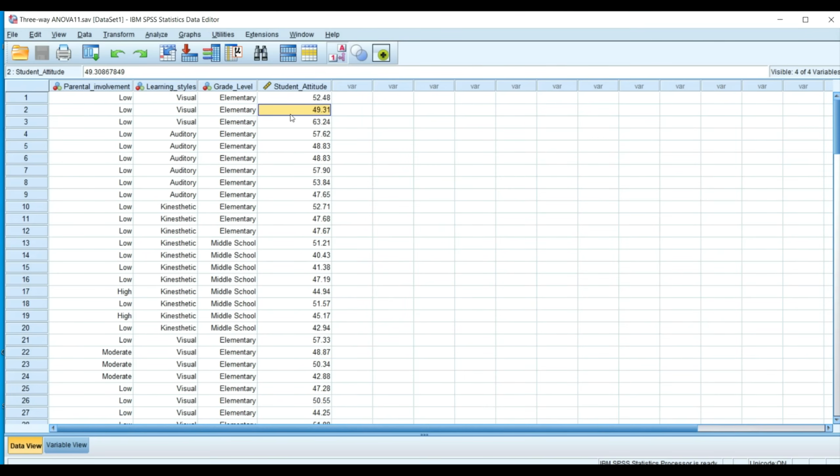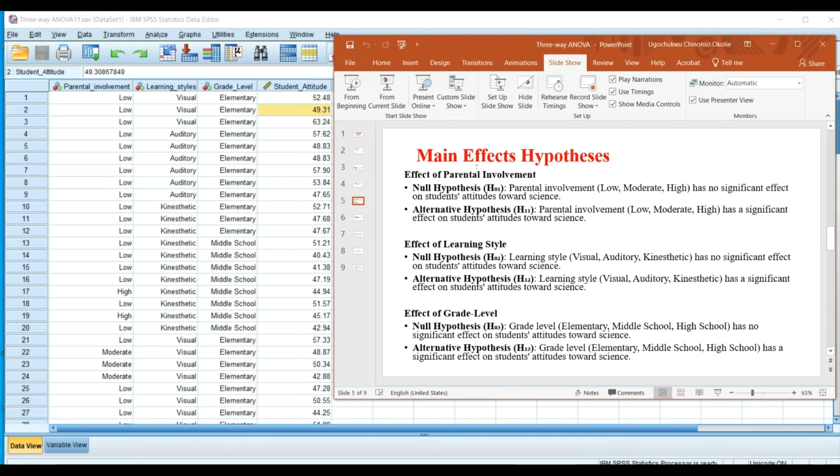the analysis. Now, having done that, the first thing we need to do is check the main effect to see whether there are significant differences in the main effects, and if there are, then we can conduct the Tukey HSD test to know the actual effects, the ones contributing significantly to students' attitude towards science.